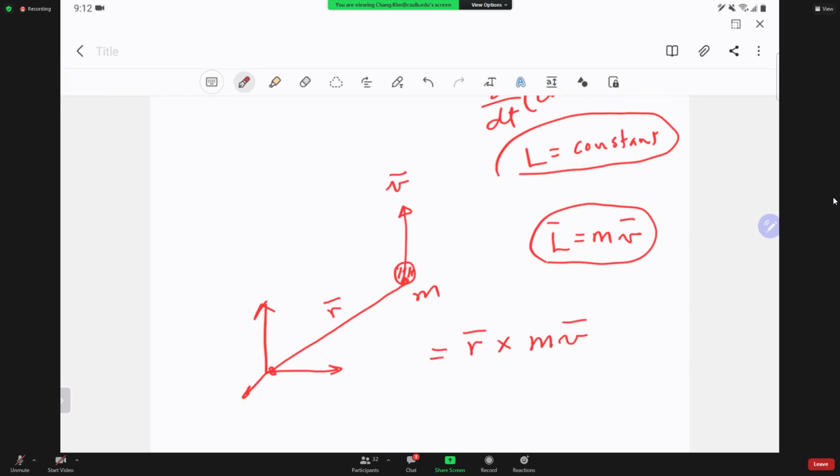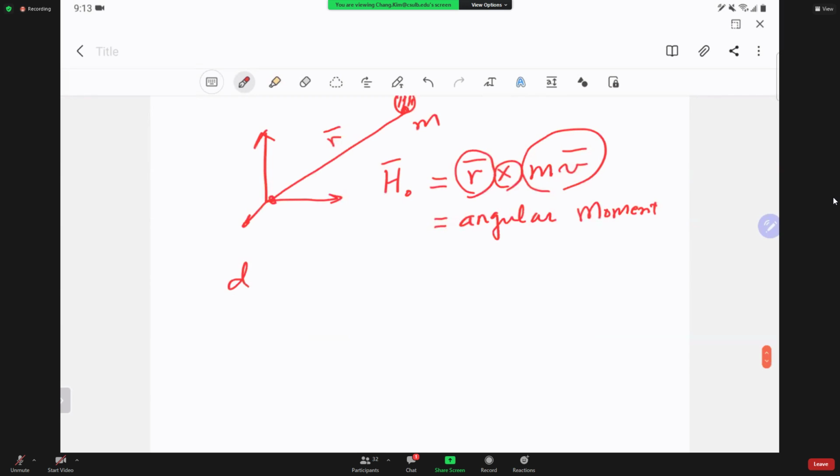And this is known as angular momentum. So angular momentum is r cross product with the linear momentum.